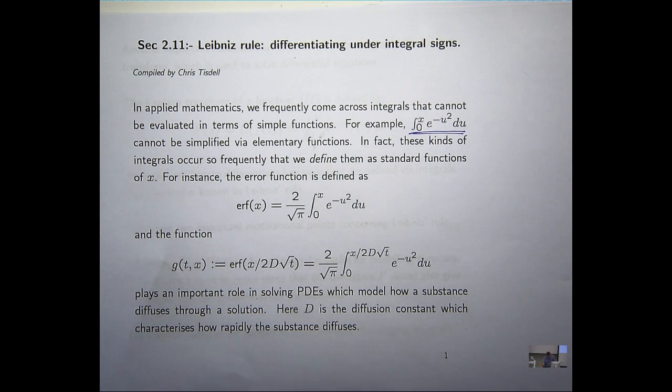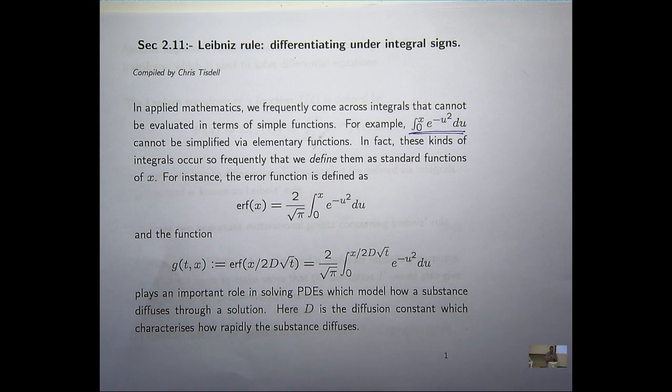And in particular, sometimes these integral type functions can't be expressed in terms of so-called elementary functions. So if you look at the integral from 0 to x of e to the minus u squared du, that can't be integrated. E to the minus u squared cannot be integrated in terms of so-called elementary functions.